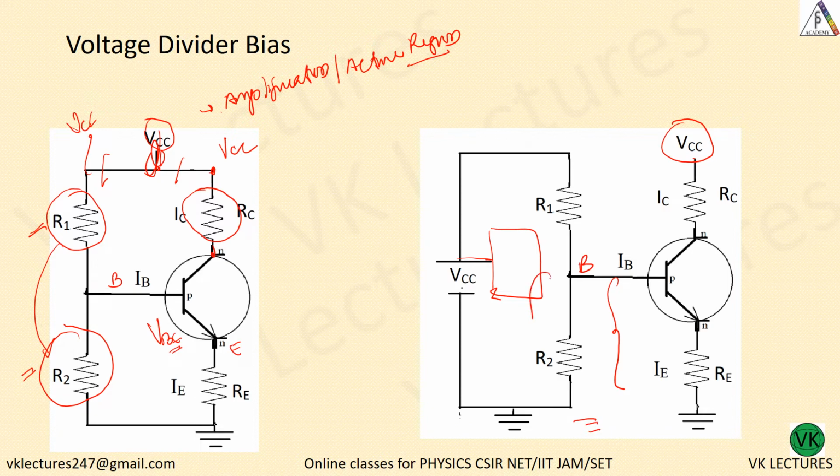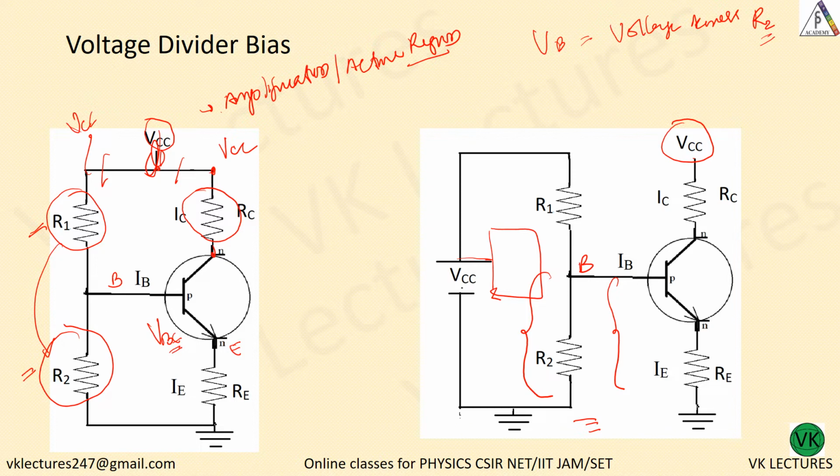This is the voltage drop happening across this R2. Now if I want to find out VB, this is nothing but voltage across R2.